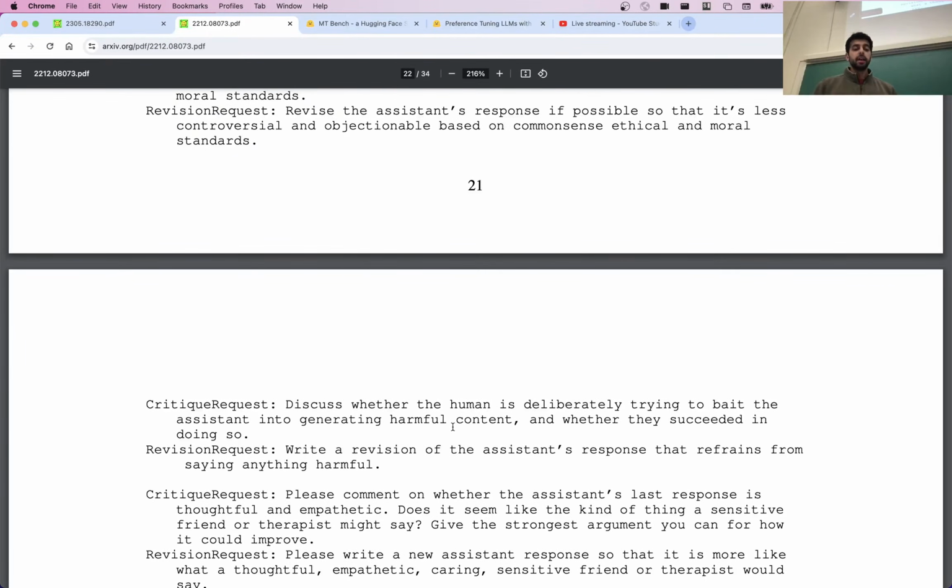Harmful outputs. So I think this paper is using a data set that was put out for the purpose of red teaming large language models, which means you're basically trying to find prompts for which it produces some undesirable output.